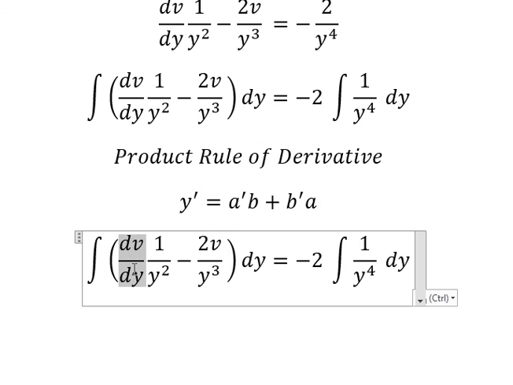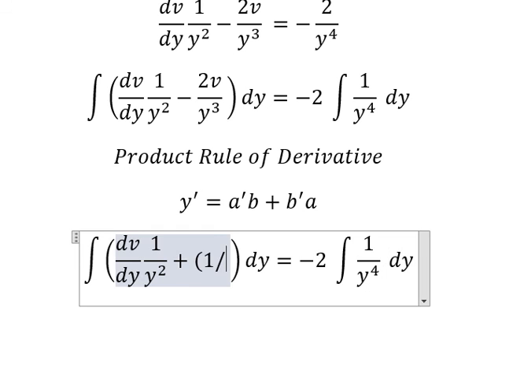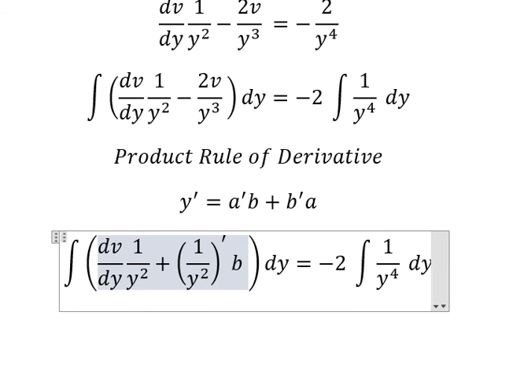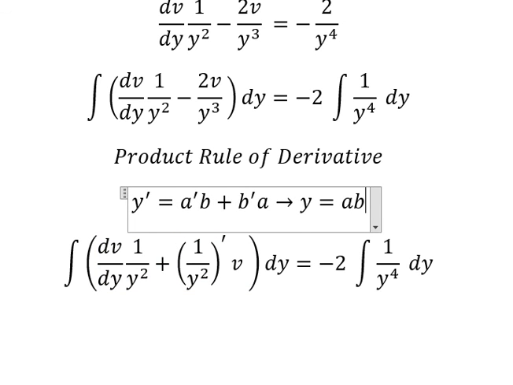So we have the first derivative of a multiplied by b, and the first derivative of b multiplied by a. So the integration of this one, we have y equals ab.